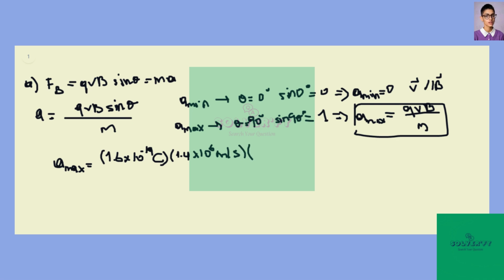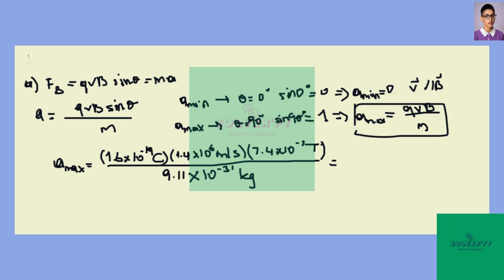And then we have the magnetic field, 7.4 times 10 to the power of negative 2 Teslas, divided by the mass of one electron, which is 9.11 times 10 to the power of negative 31 kilograms. When we plug everything into this expression, we get 1.82 times 10 to the power of 16 meters per second squared as the maximum acceleration of the electron.